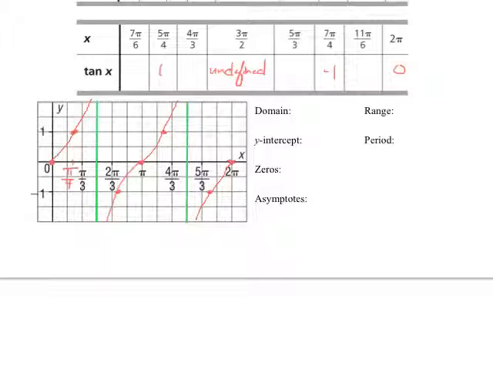Going through and listing out the domain and range. So domain is going to be a little bit different this time because we have these points where the function's undefined. And so the first point where it's undefined is at pi by 2.